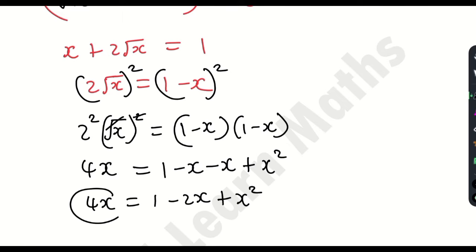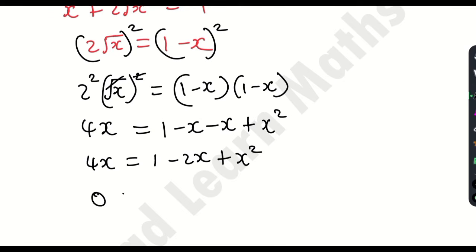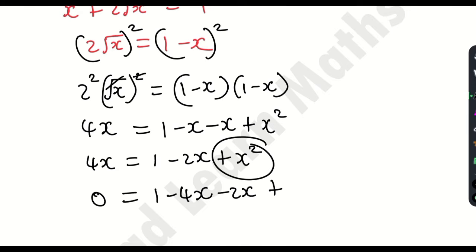So let me move 4x to the right hand side. I'm trying to get this to the general form of a quadratic equation. So if you move 4x to the right hand side, I'm going to have negative 4x, then you still have negative 2x here, then plus x squared.